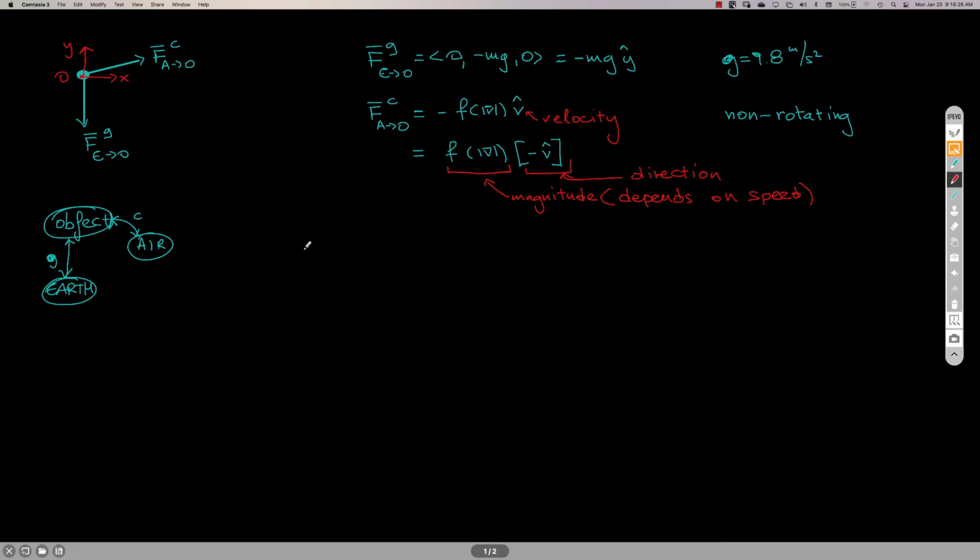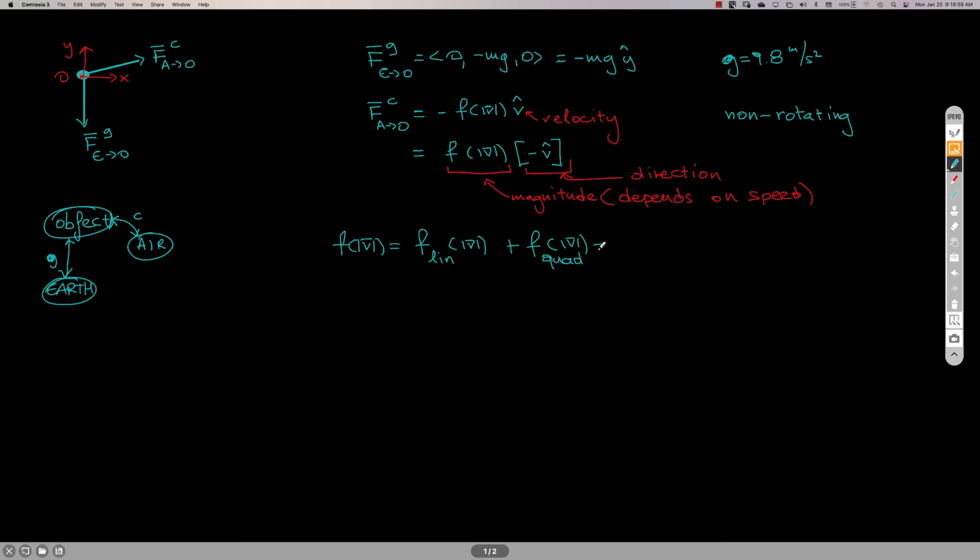Now, one thing that I can say though, is that this function depends on the speed. You can say, well, let's say that it has two terms: a linear term that depends on the speed in a linear fashion, plus a quadratic term that depends on the speed squared.